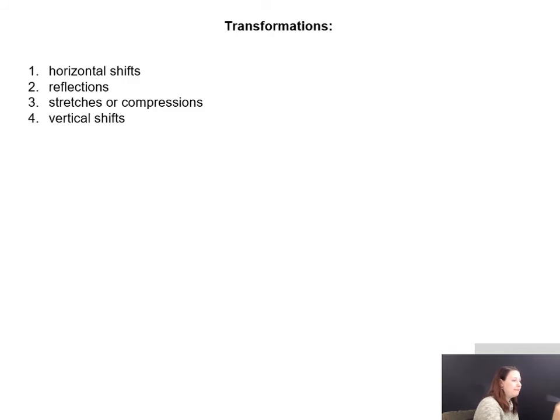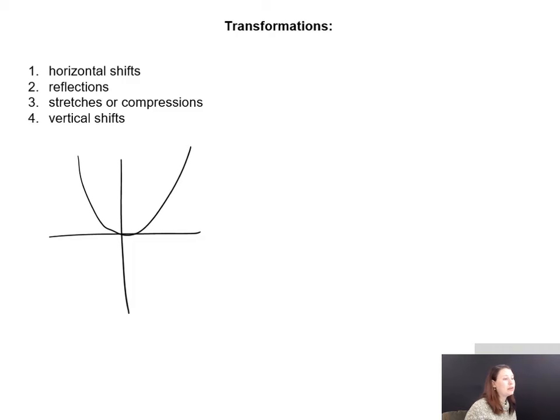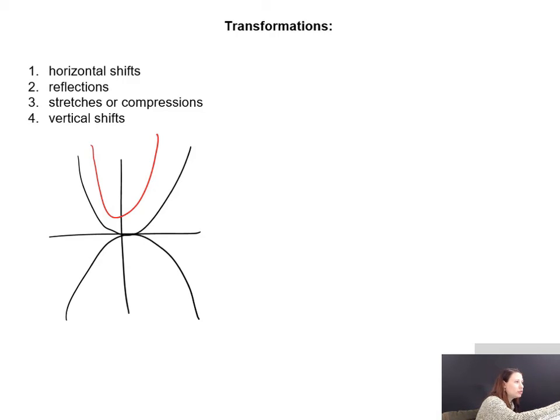If we think about that, we have just a basic graph. Let's think about it like this. Let's say we do a vertical shift up, so it's like this instead, approximately. Then if we reflect it around the x-axis, the black one, the first one, will reflect like this, and then shift up.